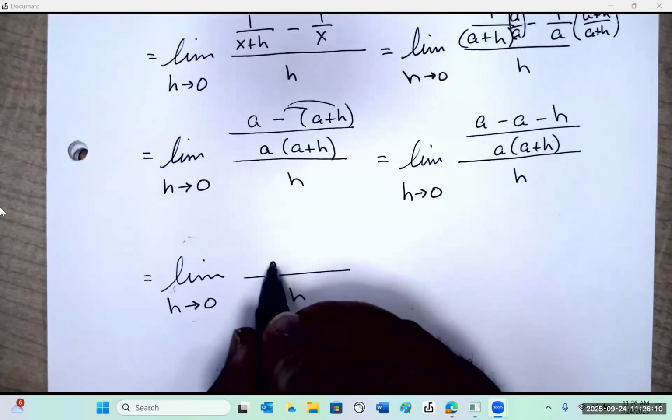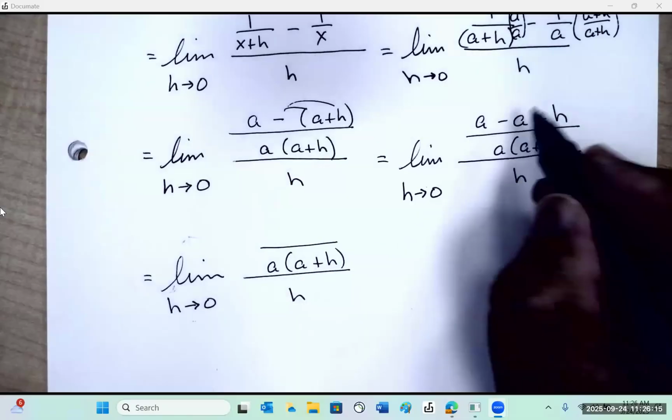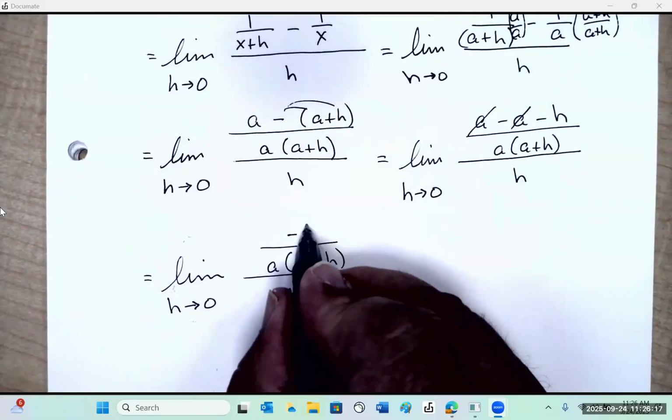H on the bottom, a plus h. On the very top, the a's cancel, so we have negative h.